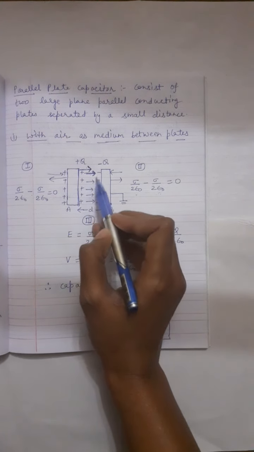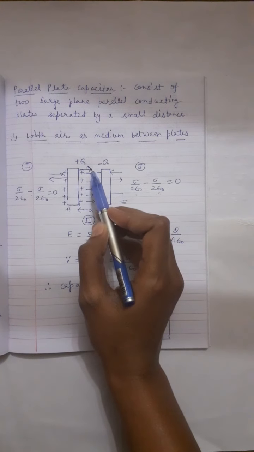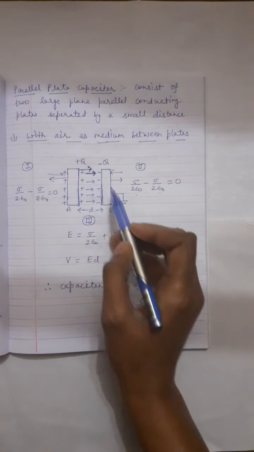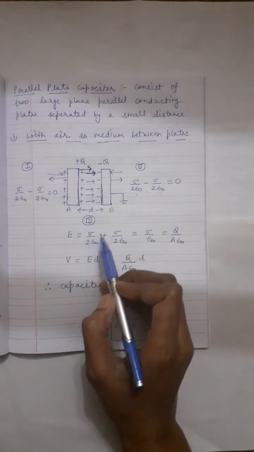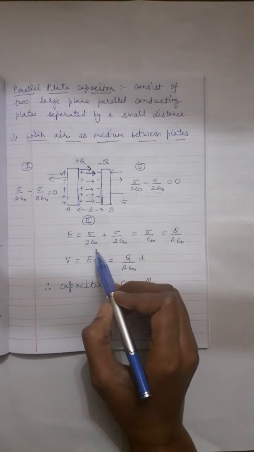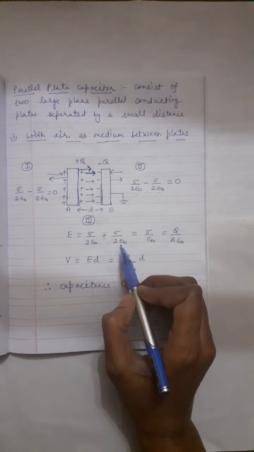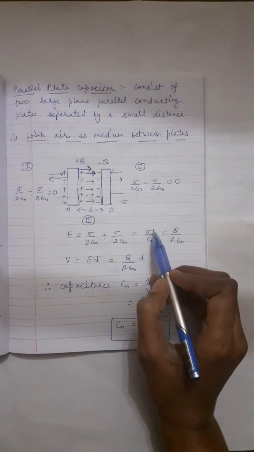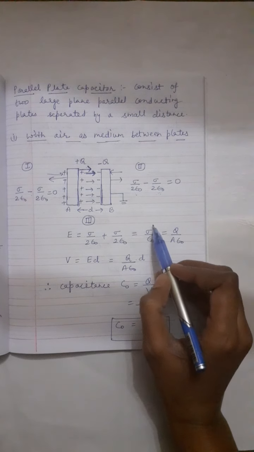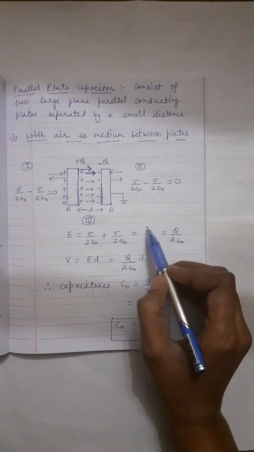So the total electric field will be the sum of these two values. So the net electric field in this region 3 will be sigma upon 2 epsilon naught plus sigma upon 2 epsilon naught. By adding this we will get sigma upon epsilon naught, and sigma is the surface charge density.